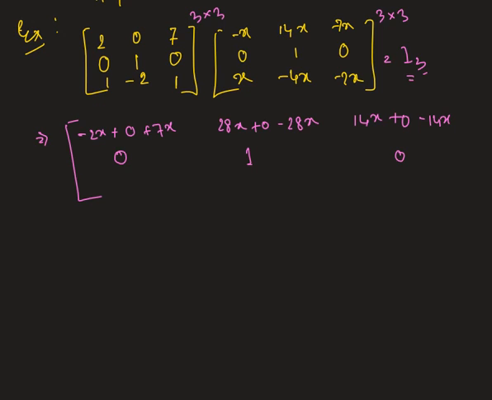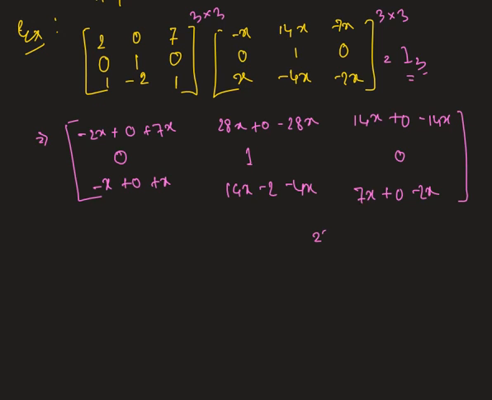In here we have minus x plus 0 plus x. Now in the last row the second element is going to be 14x minus 2 minus 4x, and for the last element we have 7x plus 0 minus 2x.